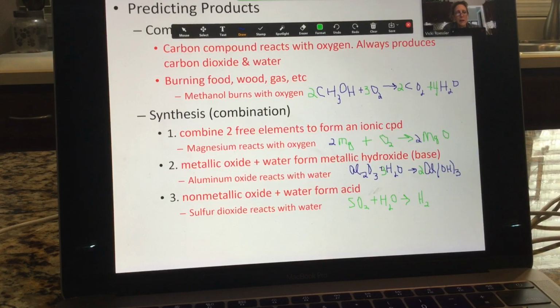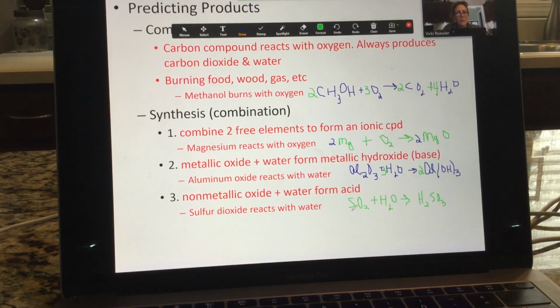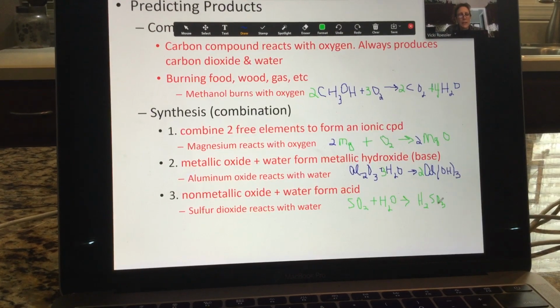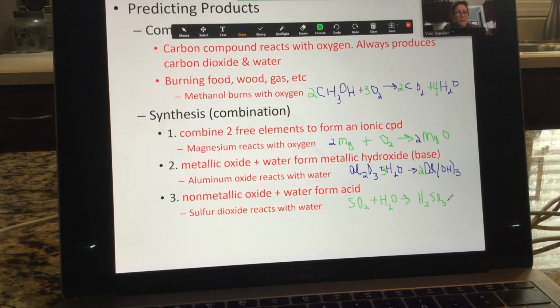And then we combine all the other elements to make a polyatomic, which has 1 sulfur and 1, 2, 3 oxygens, so that would be SO3. So when sulfur dioxide and water combine together, they form sulfurous acid, H2SO3.